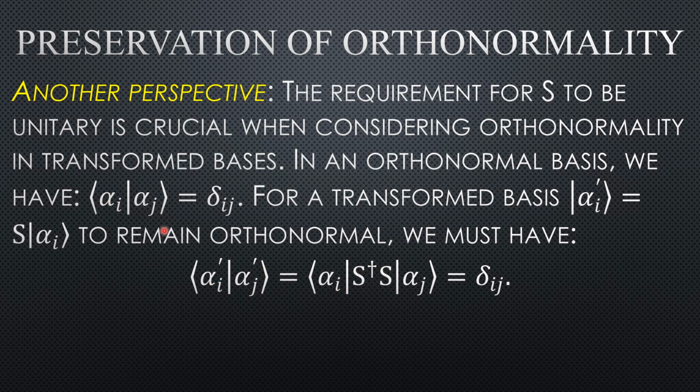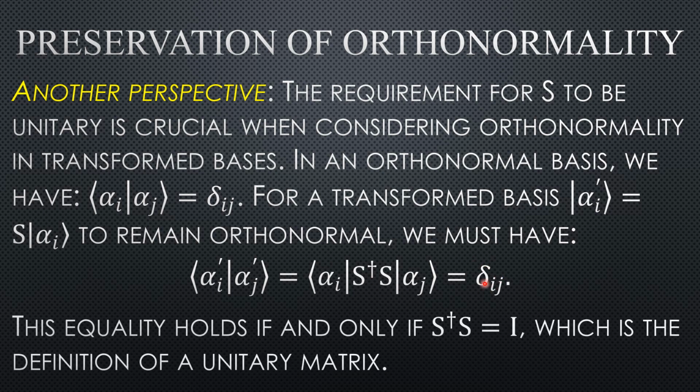Remember the properties of bras and kets, where I can take the dagger of it to put it to the other side. Hence, I end up with S dagger S on the inside of the inner product. And we need this statement to equal this. But this only holds if and only if S dagger S equals I, because then we have the replenishment of alpha i alpha j, which is the definition of a unitary matrix.